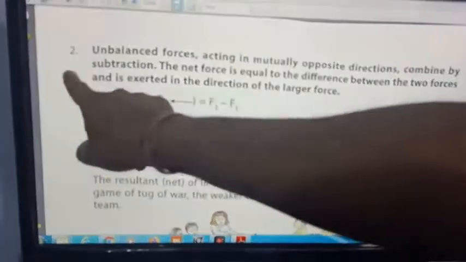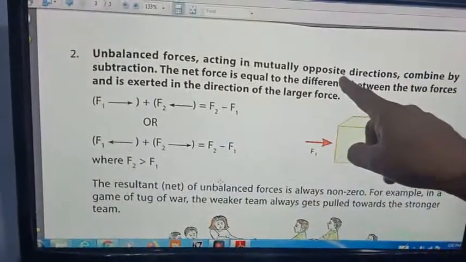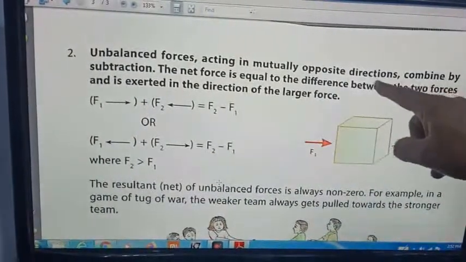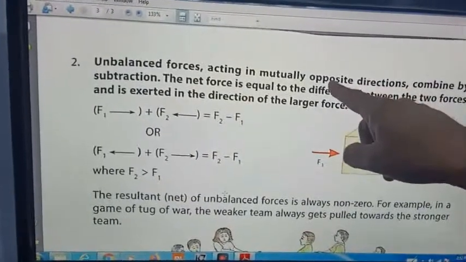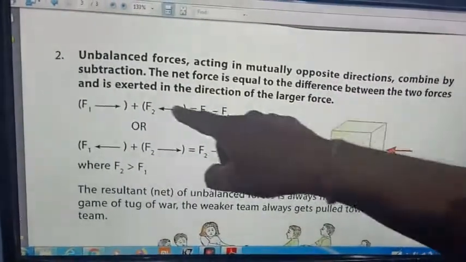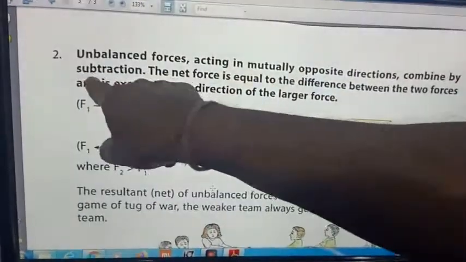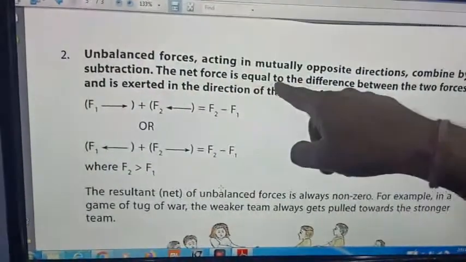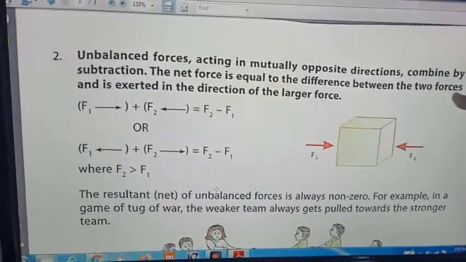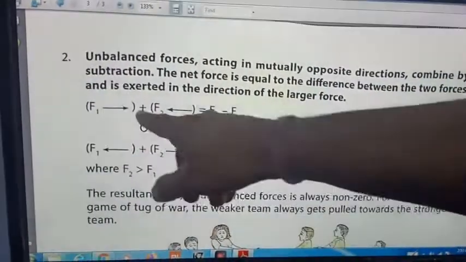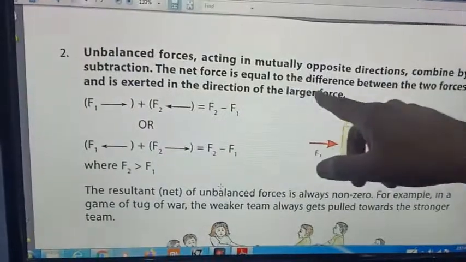In the second case, when two forces act from opposite directions with unequal magnitude, they are combined by subtraction. The net force is equal to the difference between the two forces and is exerted in the direction of the larger force.